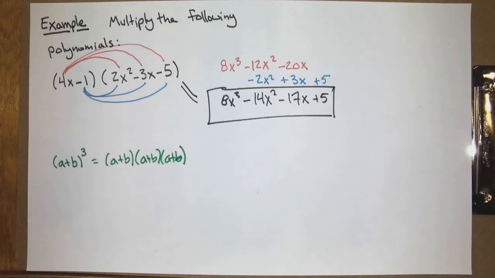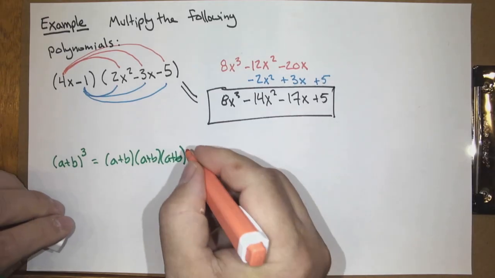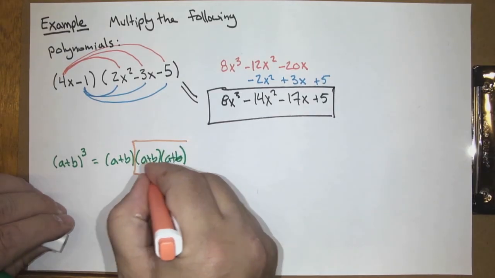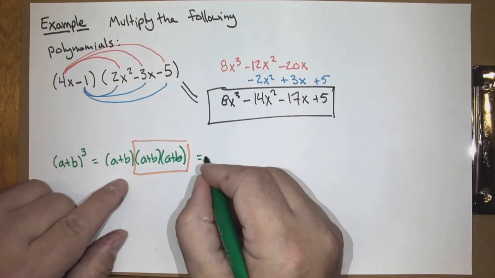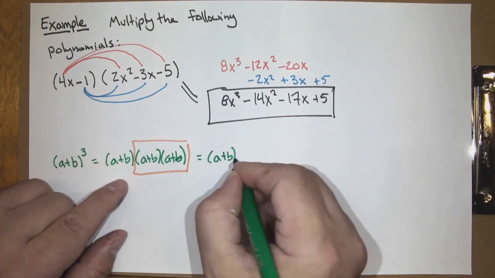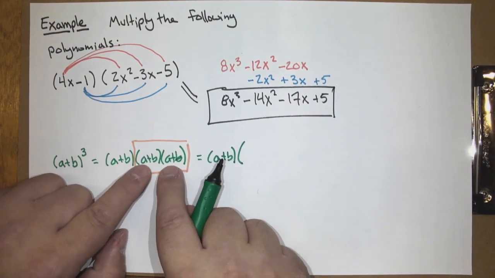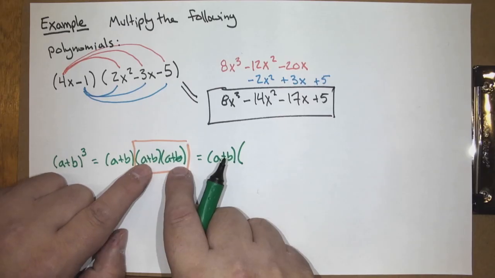Because what can we do? Well, one thing we can do is multiply these 2 parts together, and we'll leave this out in the front. So we'll have an A plus B in the front that we haven't worked with. And now, let's take A plus B times A plus B. Does anyone know that?